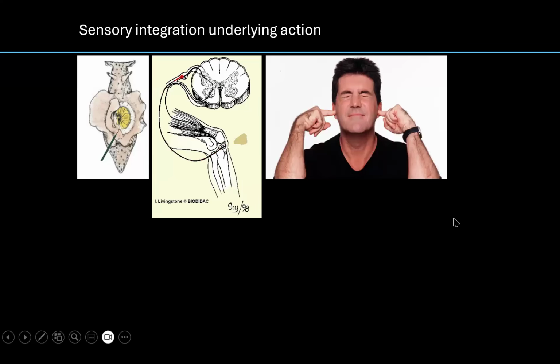So the two main processes that basically all neuroscientists work on in some way or another are the integration of sensory information and production of motor output.